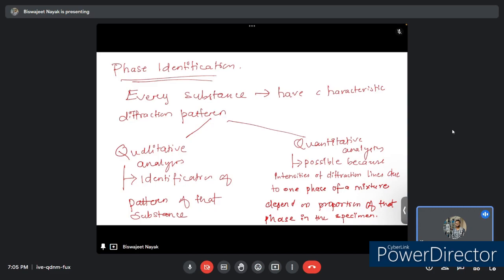So that's why the diffraction analysis is somewhat better than chemical analysis.